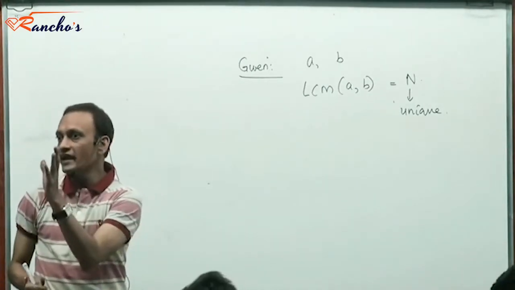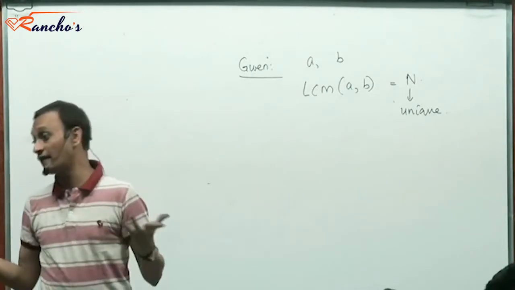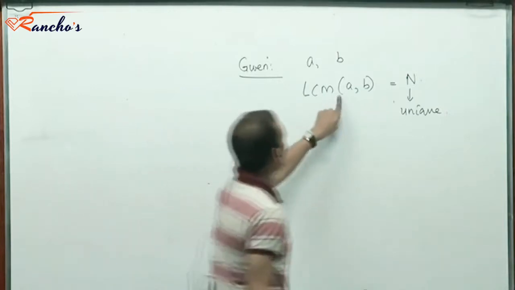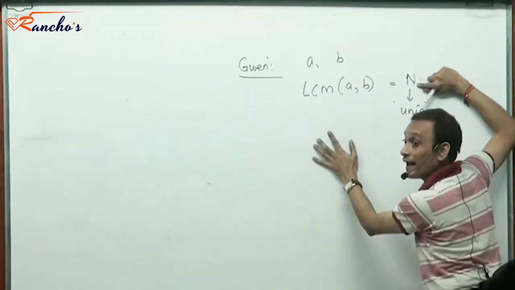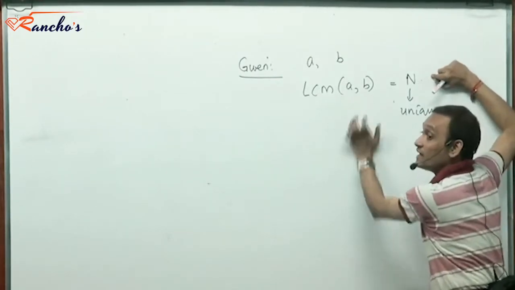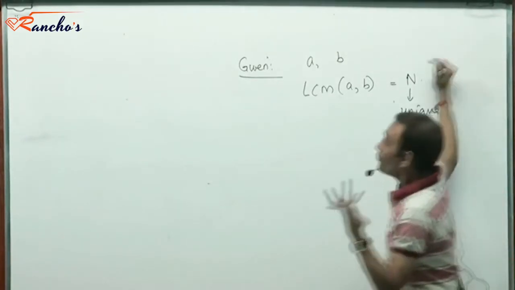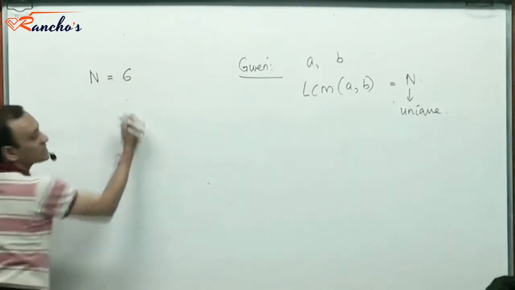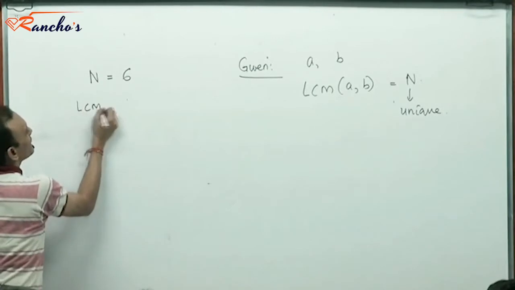But if I give you n, then how many pairs of a and b will have their LCM n is not unique. Given a and b, there is only one LCM that they could have. But given n, the number of pairs a and b whose LCM is n is not necessarily unique.